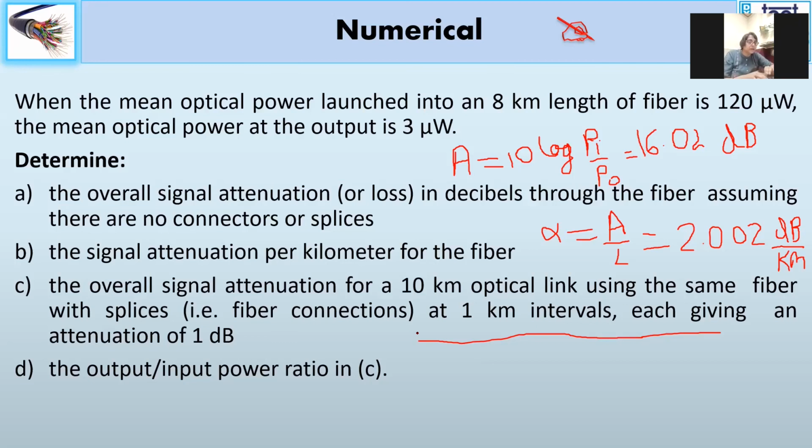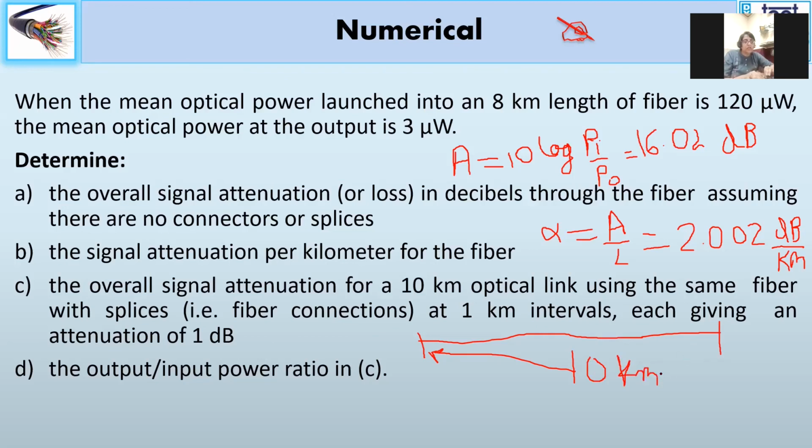This is the starting point. After every kilometer you have a splice.